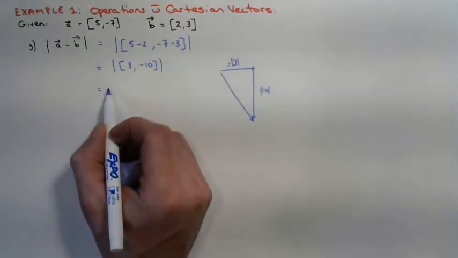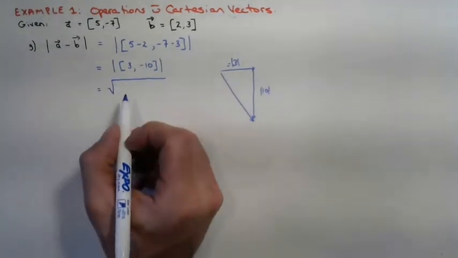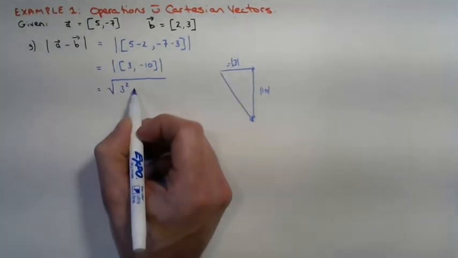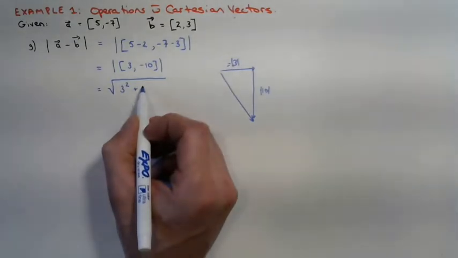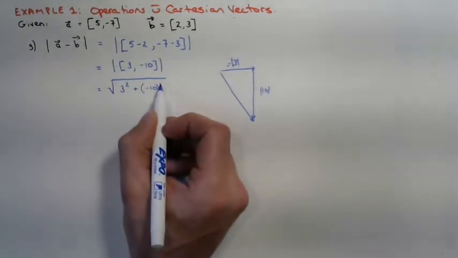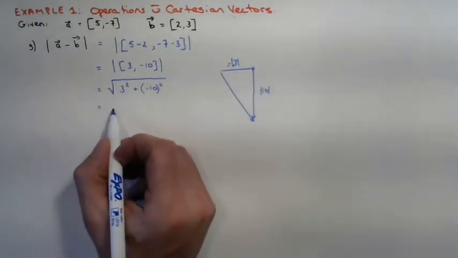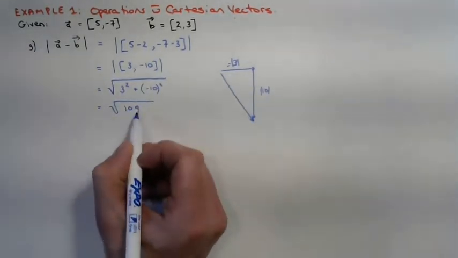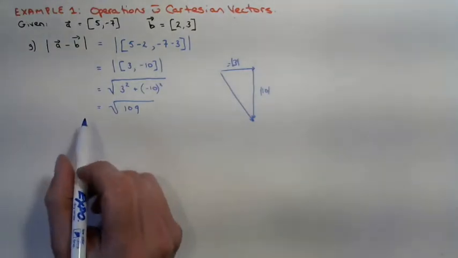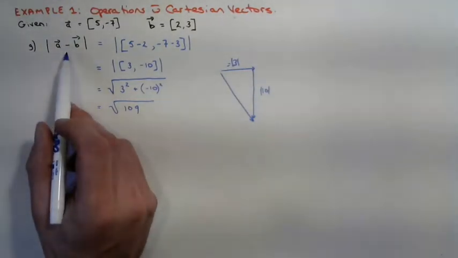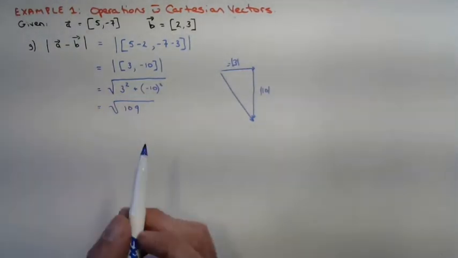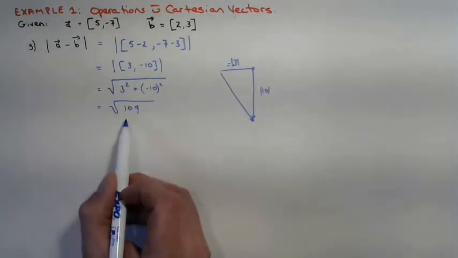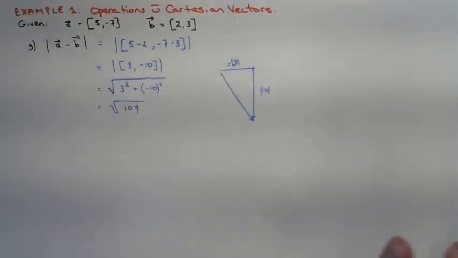So we're looking at the square root, an application of the Pythagorean theorem. We've got 3 squared plus negative 10 squared. That's going to give us 9 plus 100. Our final answer: the magnitude of the difference vector A minus B is the square root of 109, radical 109.